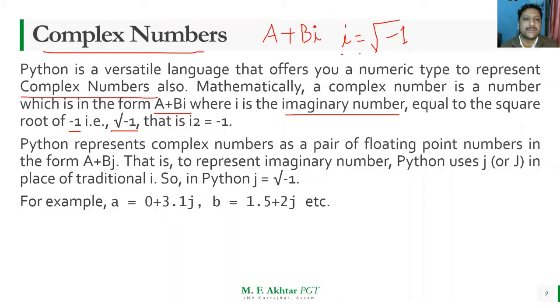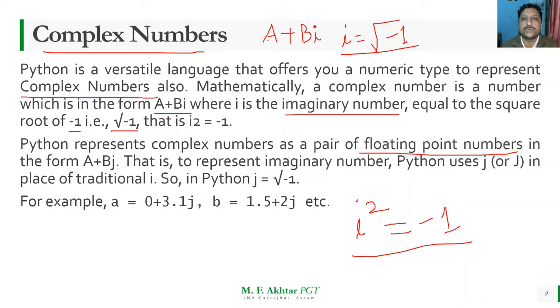If we calculate these things, it becomes I square equals -1. So the value of I is root under -1, and if we square it, it becomes -1. So Python represents a complex number as a pair of floating point numbers.